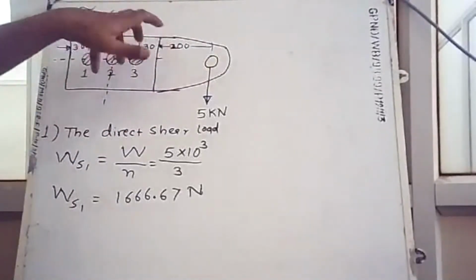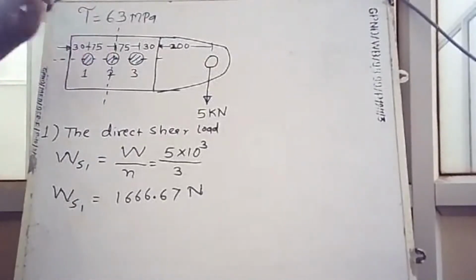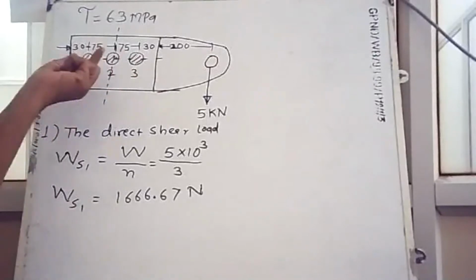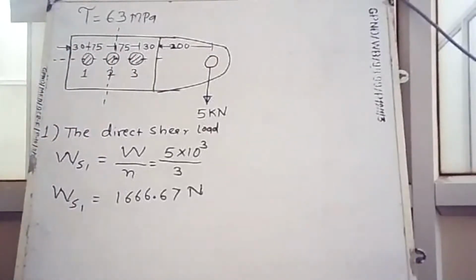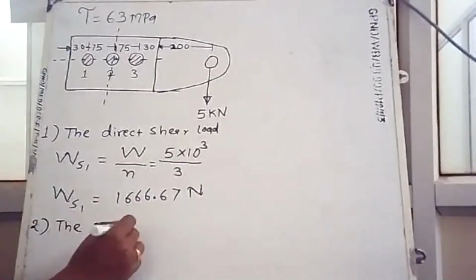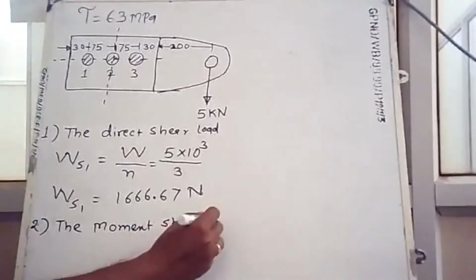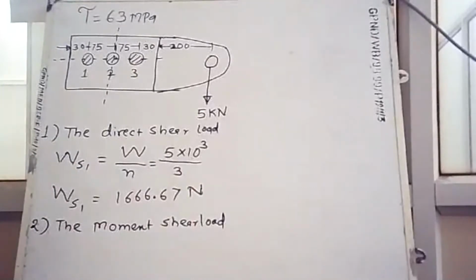Whenever there is a turning, the second bolt will act as the center of turning, and this 75 distance acts as the radius for turning. So the second type of load is the load because of the moment. The moment load is also a shear load. So that is the second load.